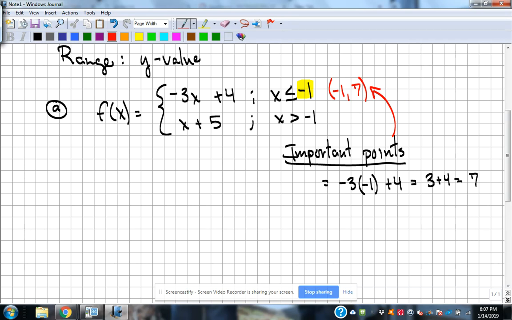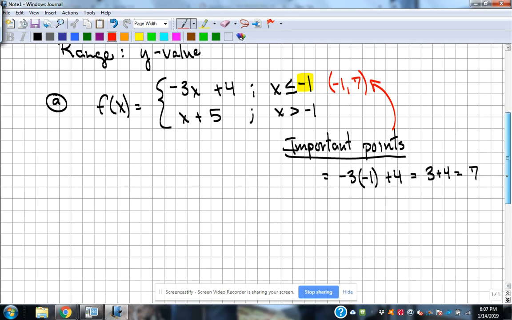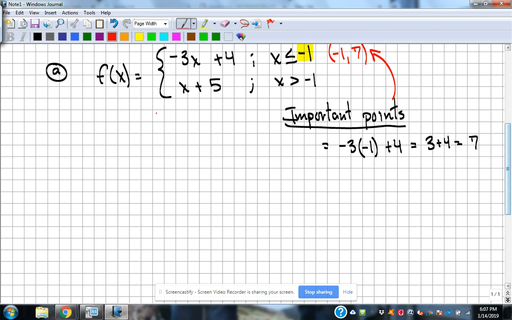So when I go to graph that piece, let's go ahead and graph the first piece, and then we'll graph the second piece. All right. So I'm going to go to that important point that I found. -1, 7.